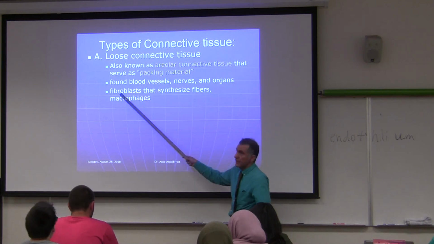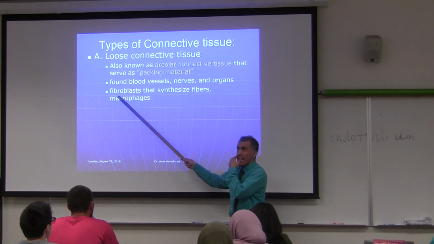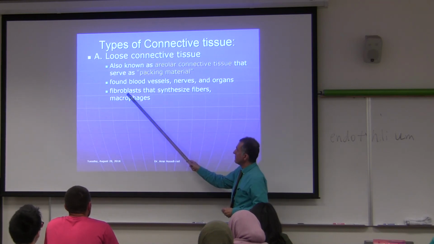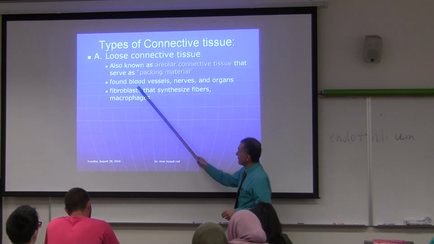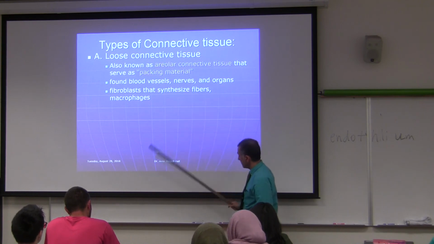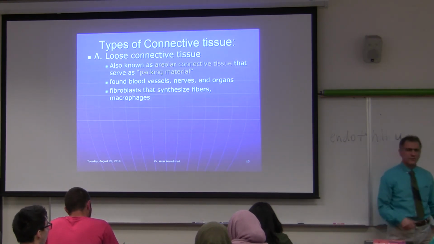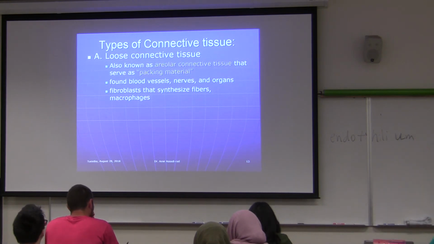Fibroblast is the name of a cell. In the lab, we do have them, but I didn't put it anywhere in there. But fibroblasts synthesize fibers, if you would. It's a generic term, and the fibroblast is the cell they use for cell cultures. I don't know if any of you have done cell cultures. A lot of times they use fibroblasts. And macrophages are white blood cells, which we'll talk about later.